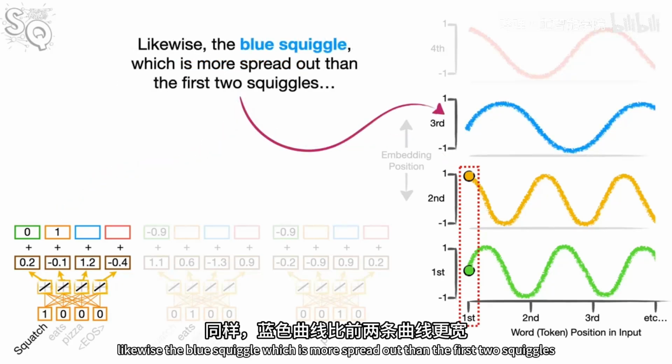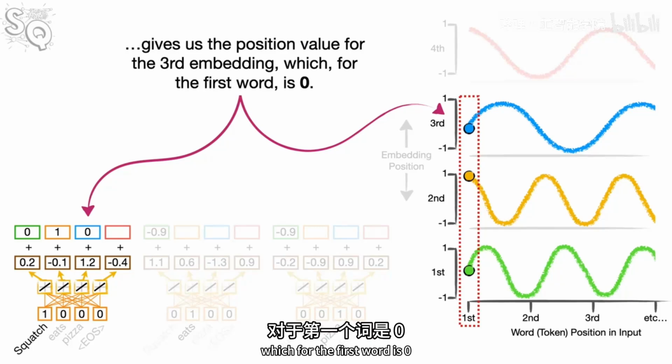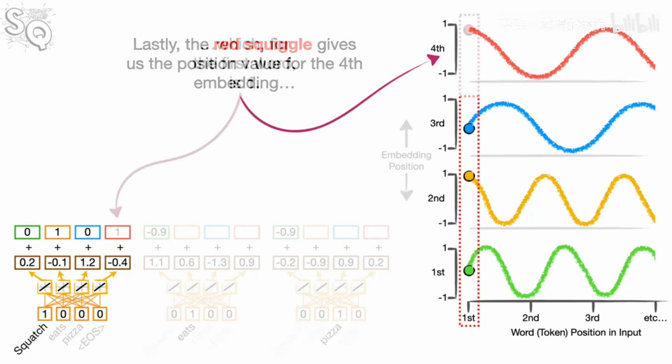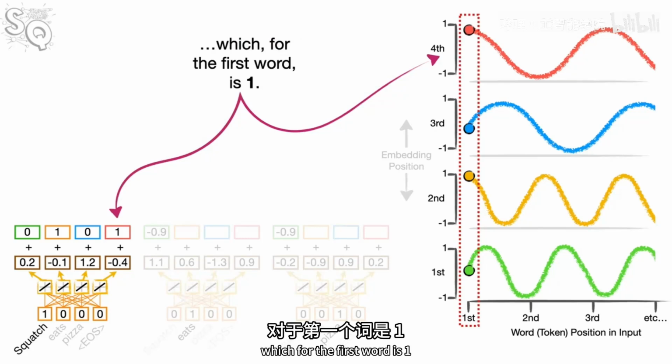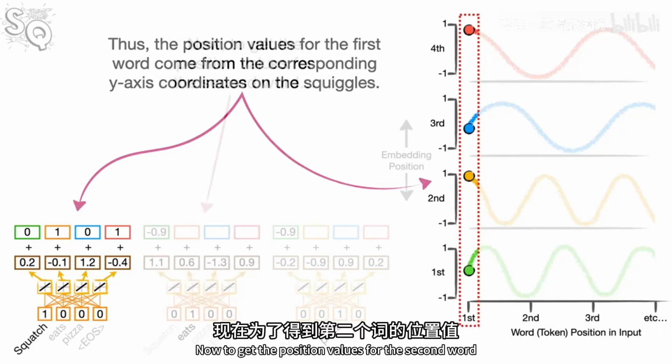Likewise, the blue squiggle, which is more spread out than the first 2 squiggles, gives us the position value for the third embedding value, which for the first word is 0. Lastly, the red squiggle gives us the position value for the fourth embedding, which, for the first word, is 1. Thus, the position values for the first word come from the corresponding y-axis coordinates on the squiggles.